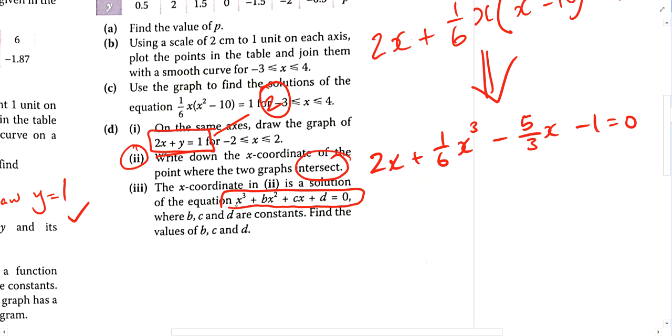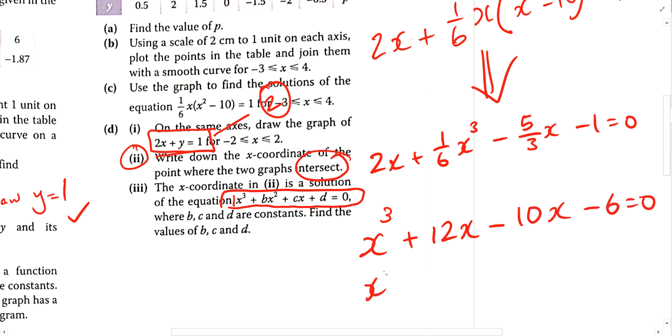And since the coefficient of x cubed is 1, I need to change this 1 over 6 to become 1. What shall I do? 6 drop, okay, x cubed plus 12x minus times 6, right? 10x minus 6 equals to 0. X cubed plus 2x minus 6 equals to 0.